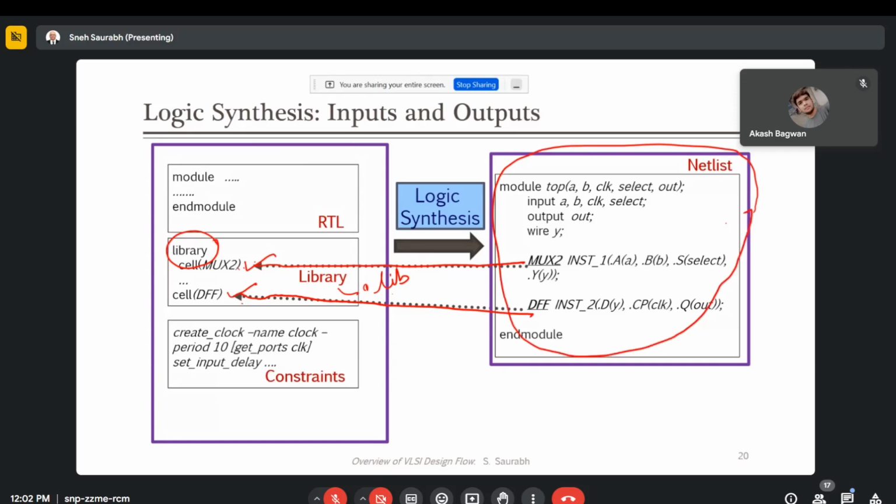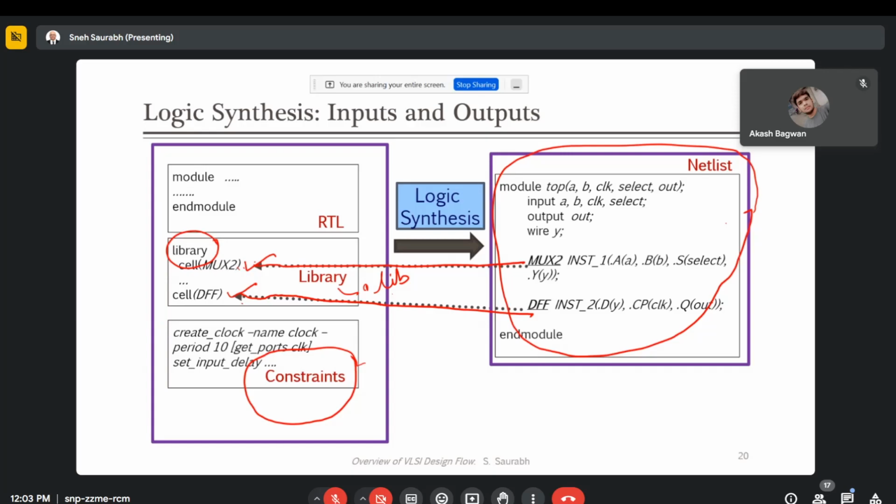Now, if in our library there are multiplexers of different sizes and other things, then which of these multiplexers will be picked? That will be defined by the constraints. If we set a constraint saying that we want a design which should run at a very high frequency, then in that case the tool will pick the cell which is of larger size.